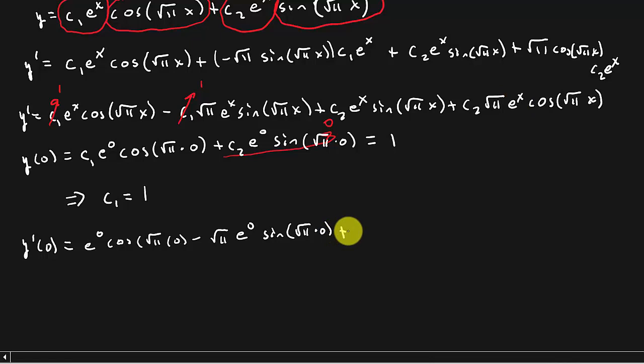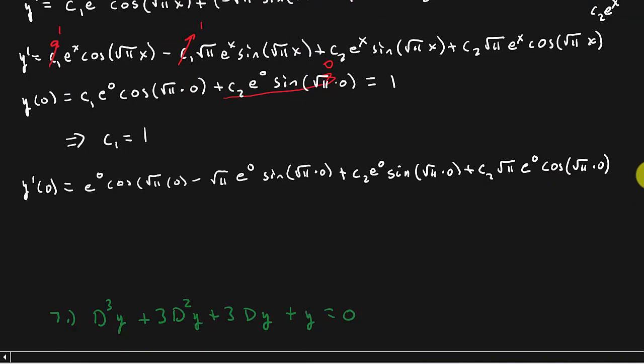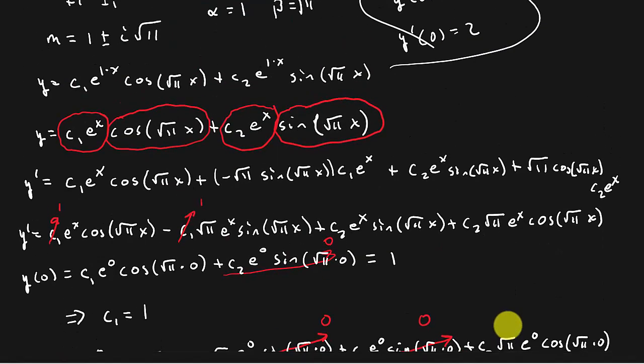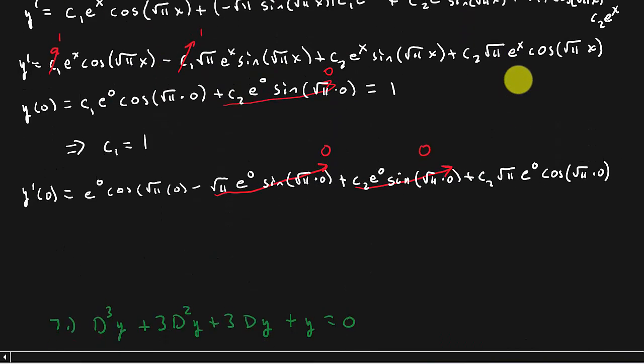Plus, and then that's C2, e to the 0, sine square root of 11 times 0, plus C2, square root of 11, e to the 0, cosine square root of 11 times 0. Oh, I'm running out of room. All right, so right off, we can scratch this out. That goes to 0, and we can scratch this one out. That goes to 0. And that is going to equal 2 when we plug 0 into the derivative.